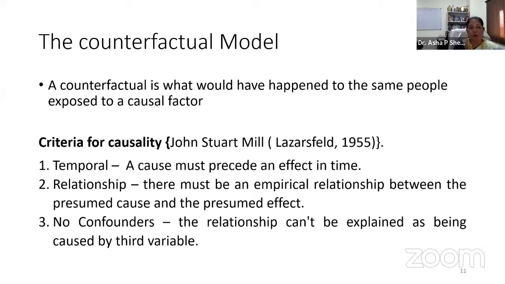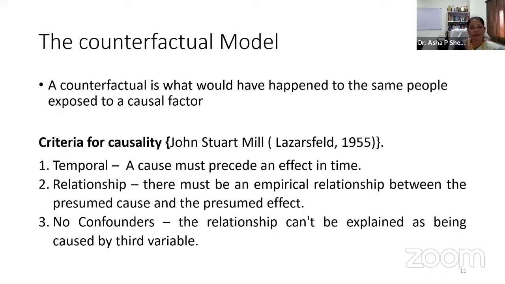Temporal means a cause must precede an effect. That means if you want to test a hypothesis that smoking causes lung cancer, we need to show that cancer has occurred after smoking. So a person is smoking and that person has developed lung cancer. So the cause must precede an effect in time.